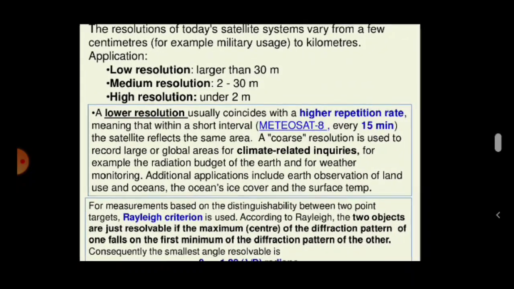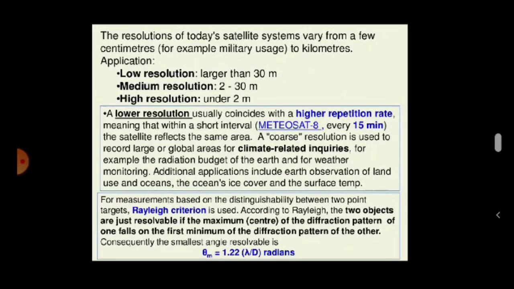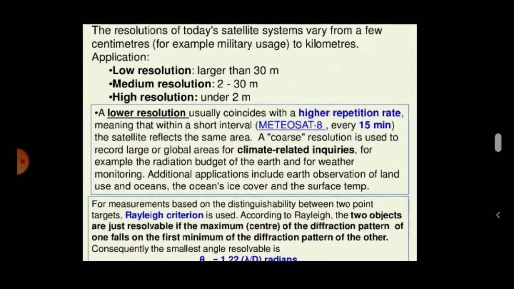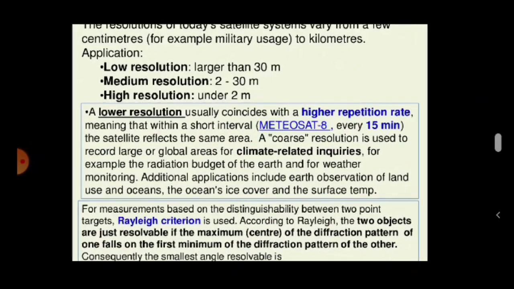The resolutions of today's satellite systems vary from a few centimeters to kilometers. Lower resolution usually coincides with higher repetition rates, meaning that within a short interval, say 15 minutes, the satellite images the same area. We will talk about the repetitivity of a sensor when we come to the characteristics of satellites.